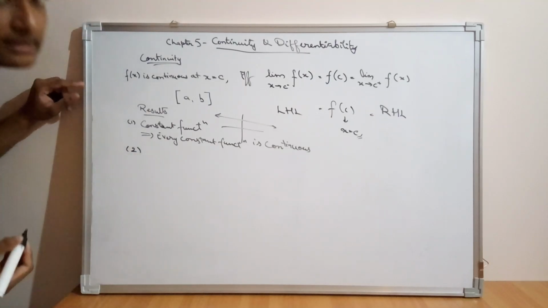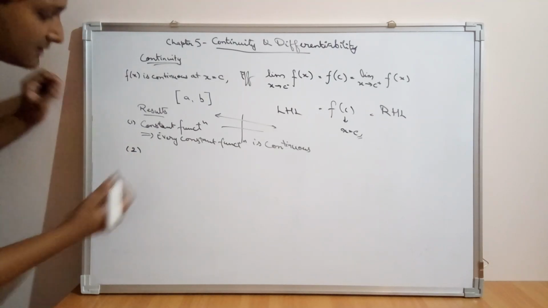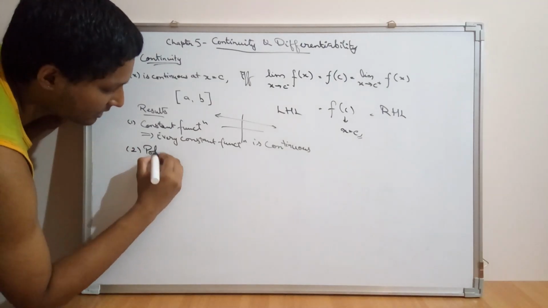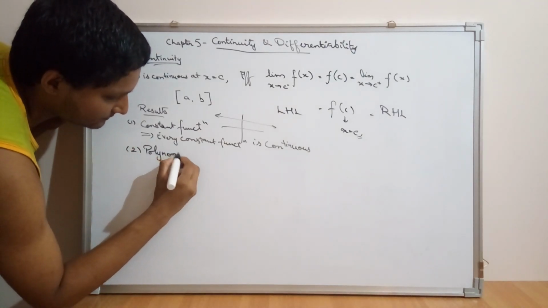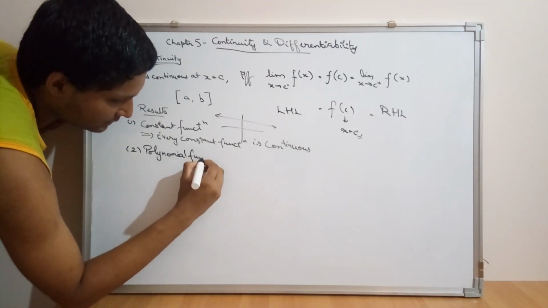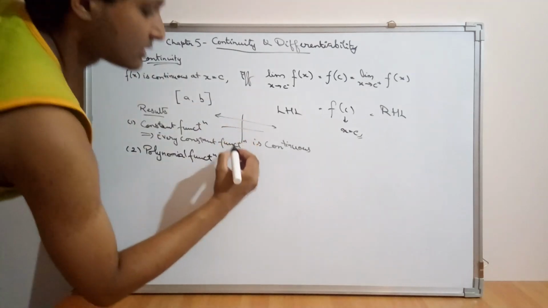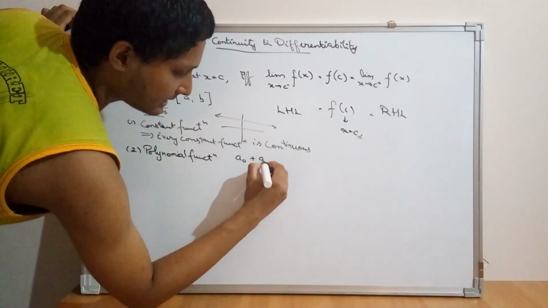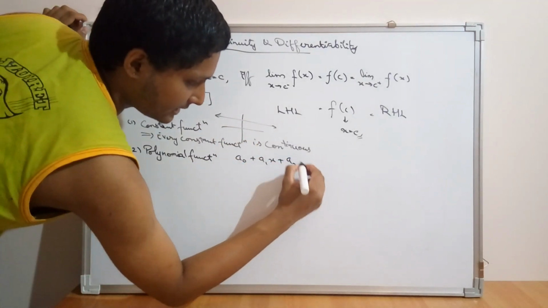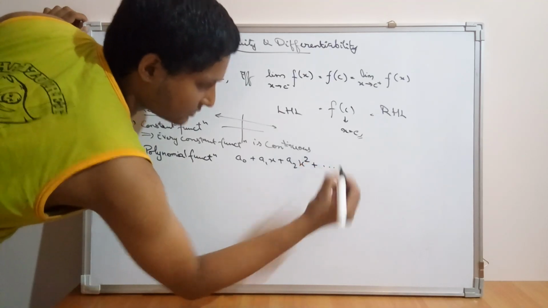We learned in last year's chapter on relations and functions, that was the polynomial function. The form of a polynomial function is always a0 plus a1x plus a2x square plus so on.